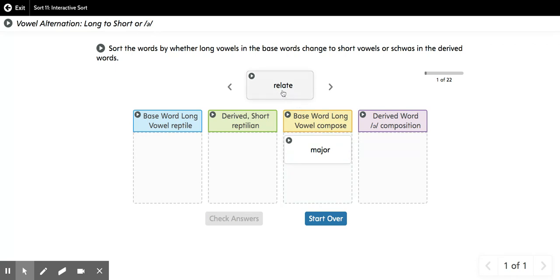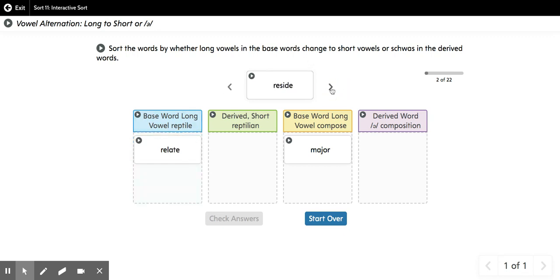Whereas we look at the base word of relate, that is going to become relative. So the long A that we heard in relate gets switched to a short A in relative. So that's going to go in our base words where they get switched.